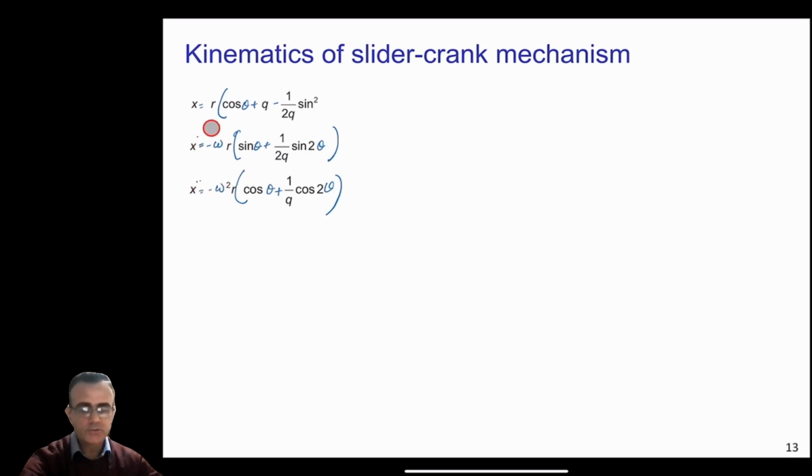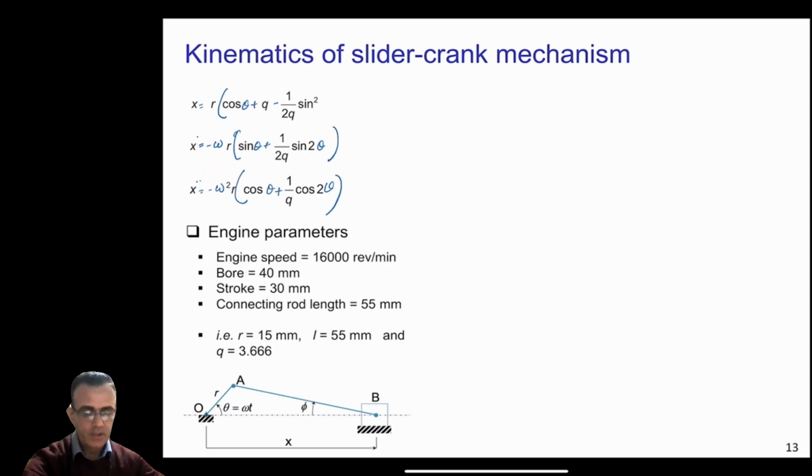So now if you want to plot these values for angle from 0 to, for example, 360, and you want to see how the displacement, velocity, and acceleration will look like, you can consider a specific engine. So in this case, we are considering this engine with these parameters.